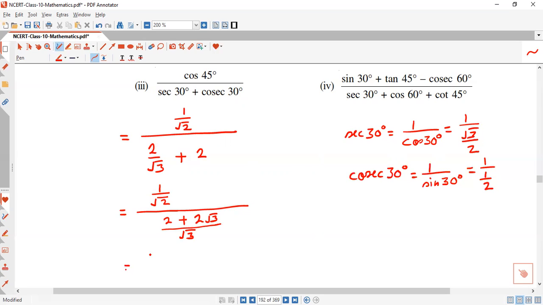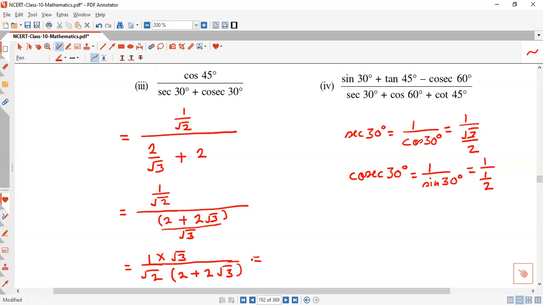If you simplify this one, you are getting 1 upon root 2, and this is multiplied by this whole factor: root 2 multiplied by 2 plus 2 root 3, and we have 1 into root 3 on top.